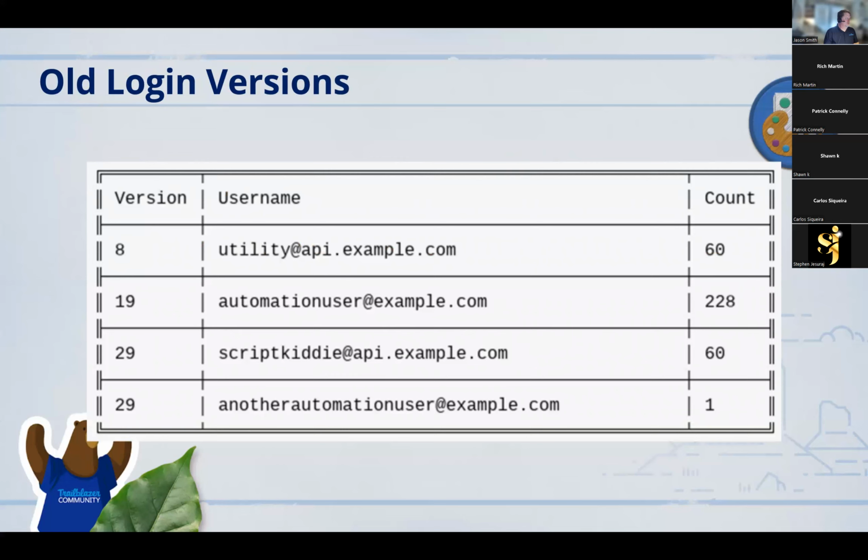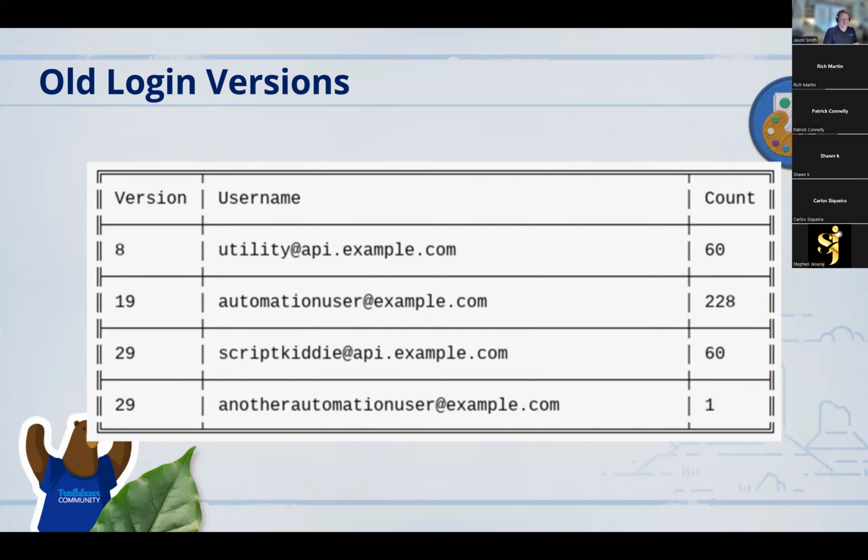This here is from our actual org. I've changed the names to protect the guilty, and it's a very quick way to see who's running an old version of the login.